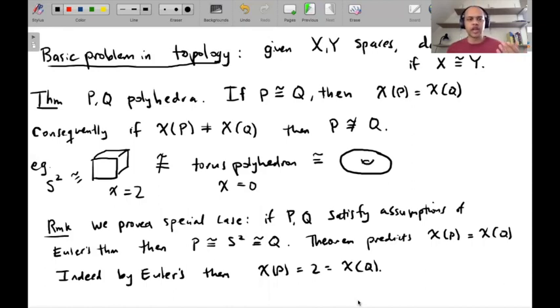So this is one of the first results that lets you distinguish topological spaces. Okay, we'll discuss this more later. So I want to now switch gears and talk about something a little bit different.